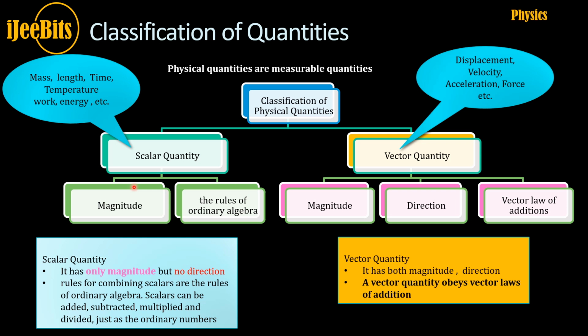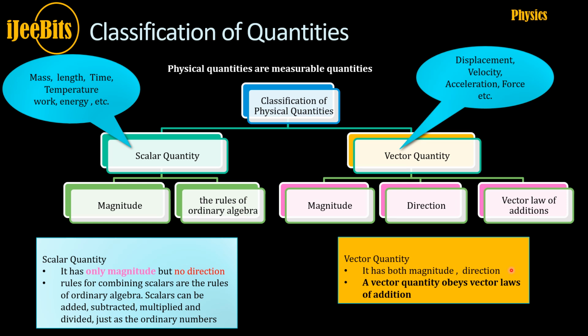So not only the magnitude, we are also giving some weight to the direction. If you look at a scalar quantity, it has only magnitude but no direction, right? That is called a scalar quantity. Whereas in a vector quantity, we have both magnitude and direction, right?